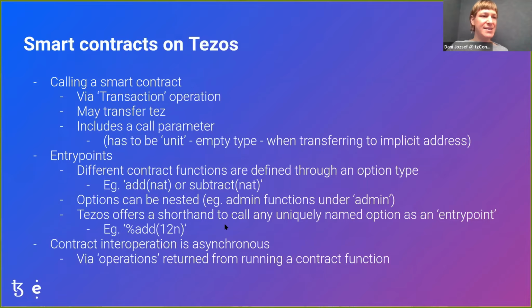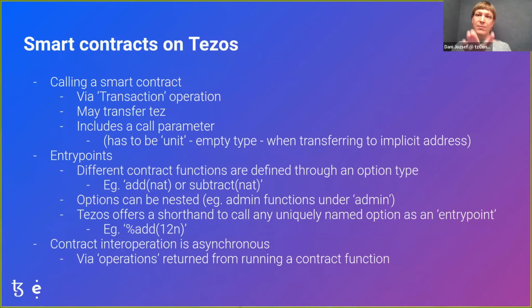Another strangeness in Tezos is something that was introduced as a way to make formal verification easier, and that is contract interoperation is asynchronous. If someone comes from Ethereum, there you can call other contracts synchronously.